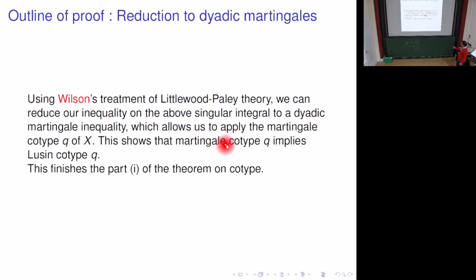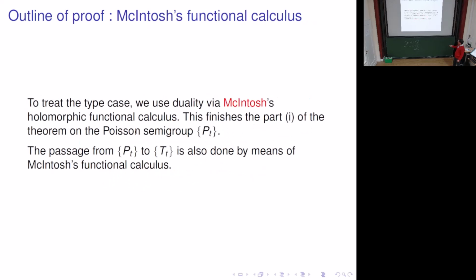This shows that martingale cotype Q implies the Newton cotype Q relative to the Poisson semigroup. So this finishes the proof of part one in the cotype case.